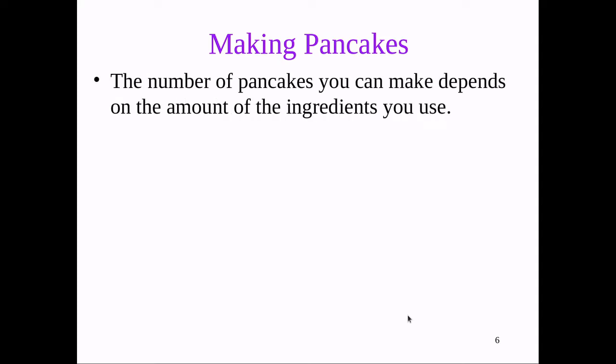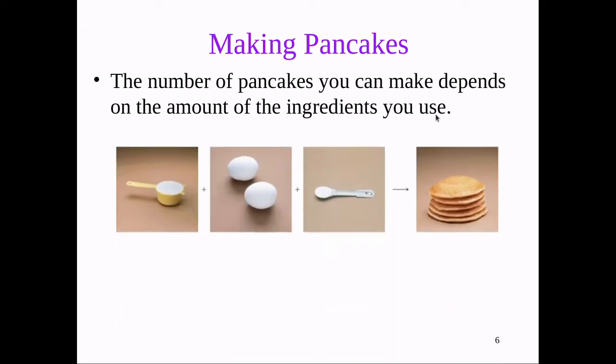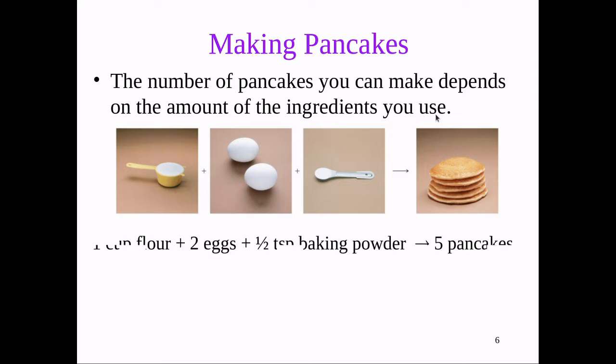I think one of the easiest ways to think about stoichiometry is in the context of cooking. Imagine that the number of pancakes you can make depends on the amount of ingredients that you use. So 1 cup of flour, 2 eggs, and half a teaspoon of baking powder is going to make 5 pancakes.